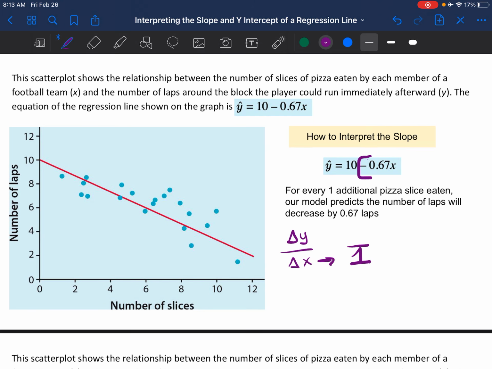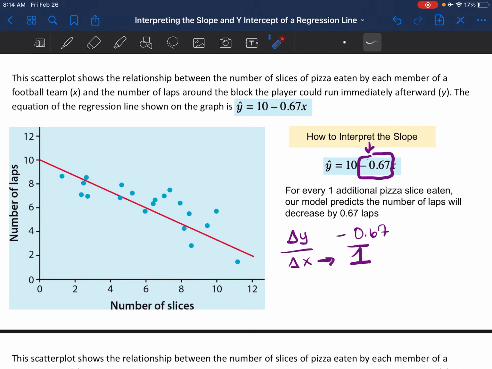I know that from looking at my slope here. My slope is negative 0.67. And that negative is important. It represents that this line is going down. It's decreasing. They are running less.